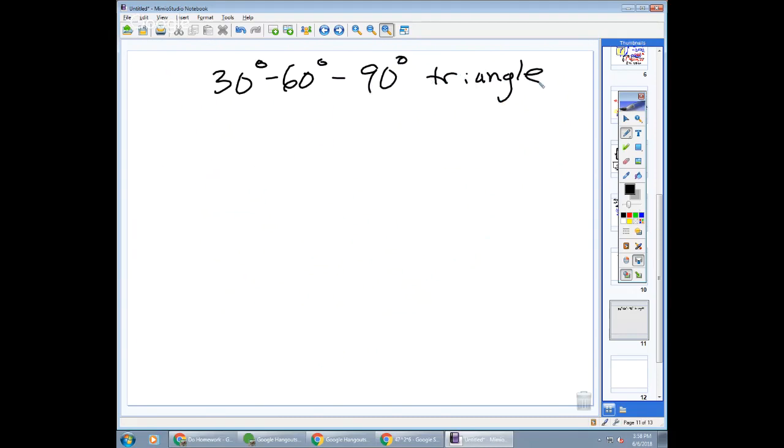And there's a couple of different versions of looking at this. So I have a right angle, and then one of my angles has to be 30 degrees and the other has to be 60. So I'm going to claim that right there is my 60-degree angle, and this one's my 30 degrees, to the best of my artistic ability.